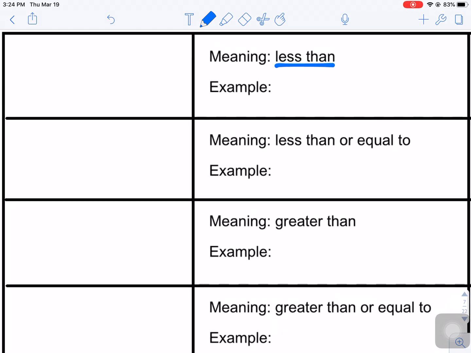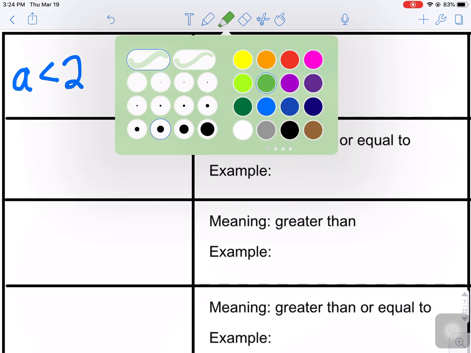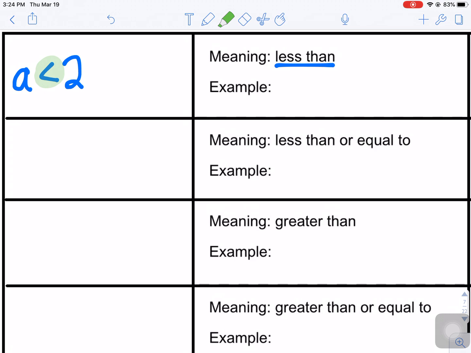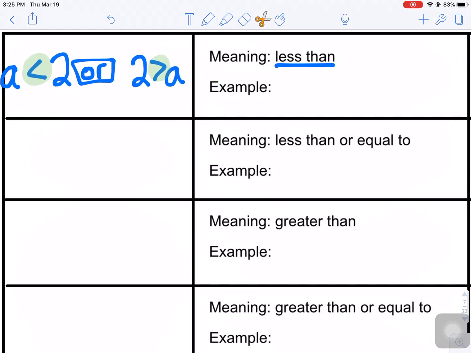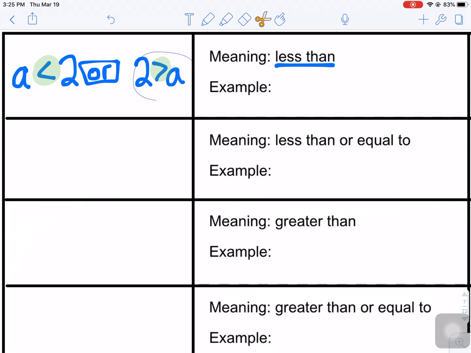So the first symbol you might see will either look like this: a is less than 2, or you might see it the other way: 2 is greater than a. It means the same thing.